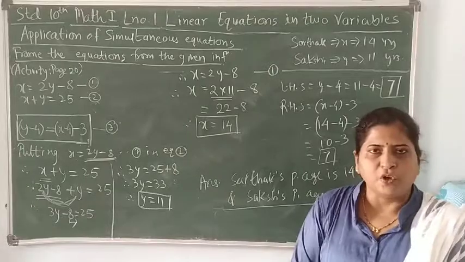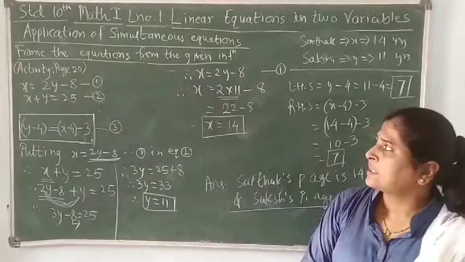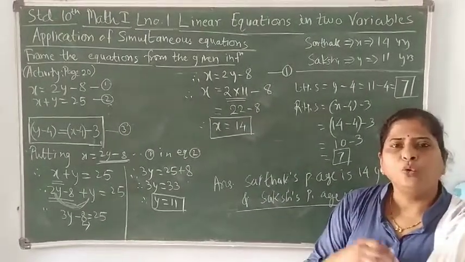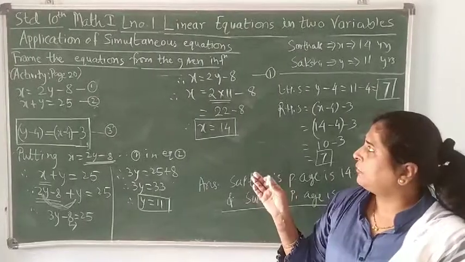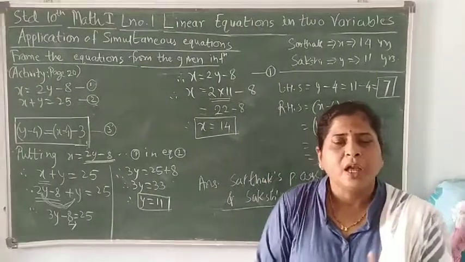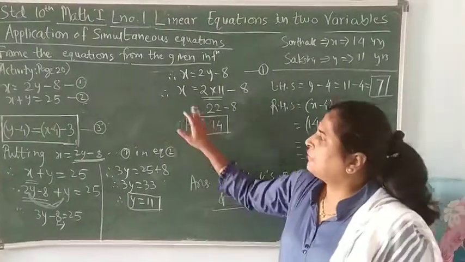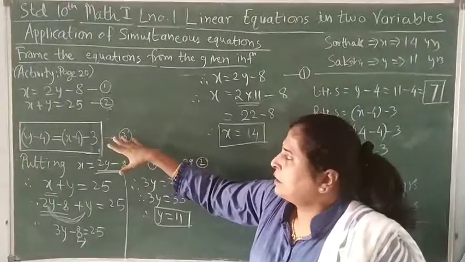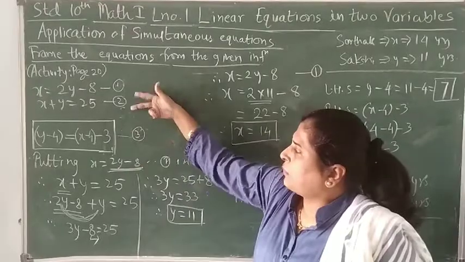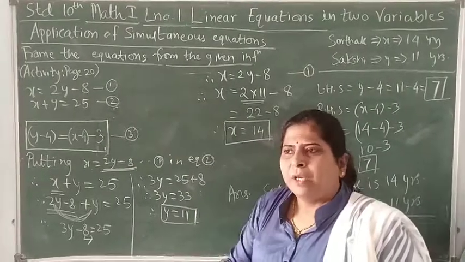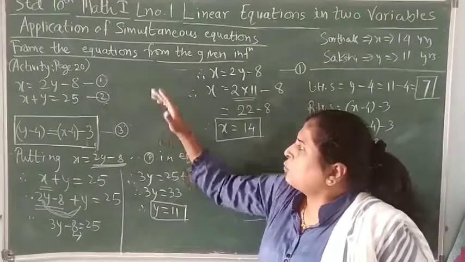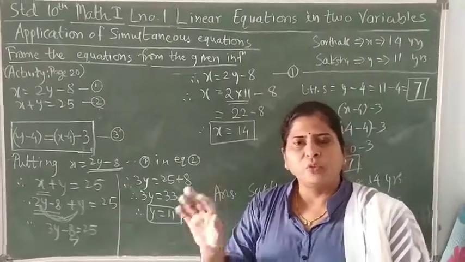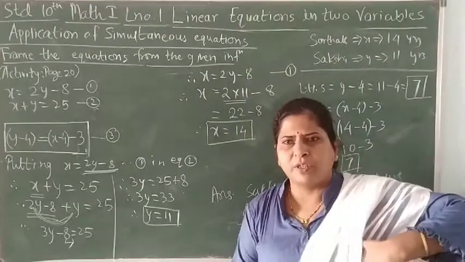So in this video, we have learned the application of simultaneous equations: how to frame the given information into equations and how to solve. Of course, here we had three sets of information, so we had three equations, two for solving and one for verification. But in your general questions, you will have two pieces of information, and from the two you have to get two equations.